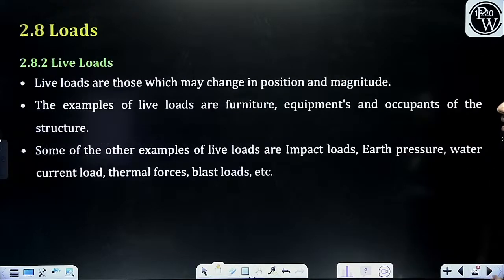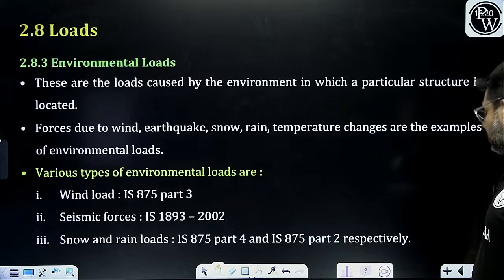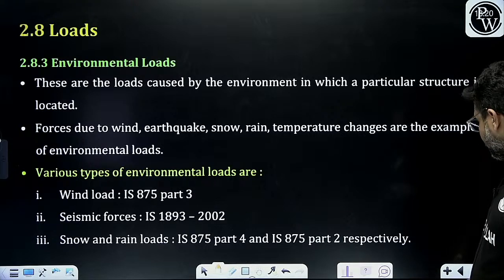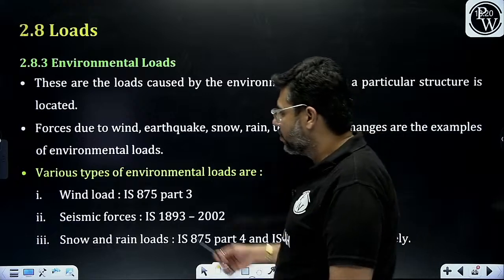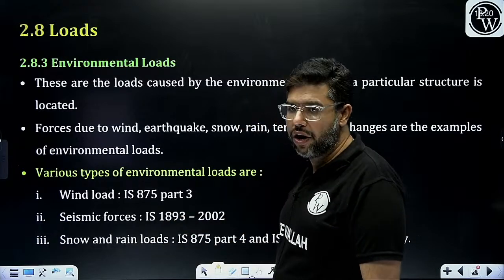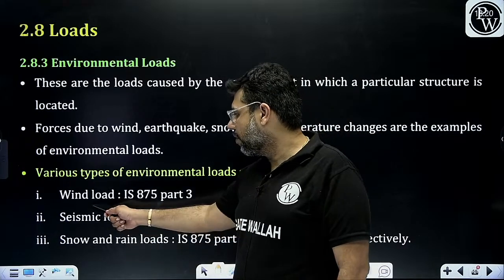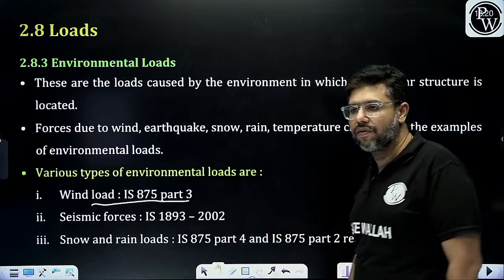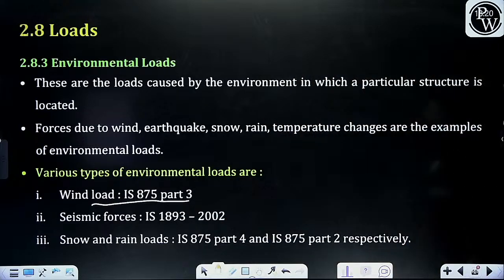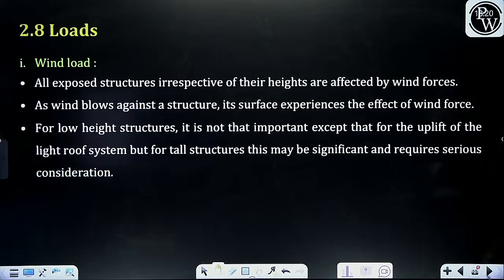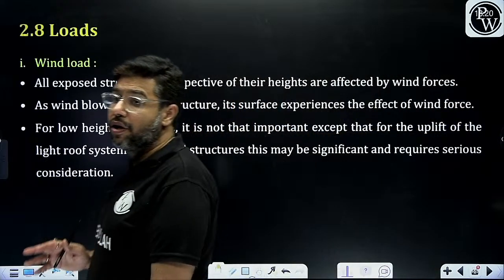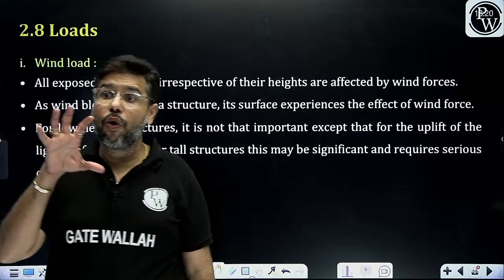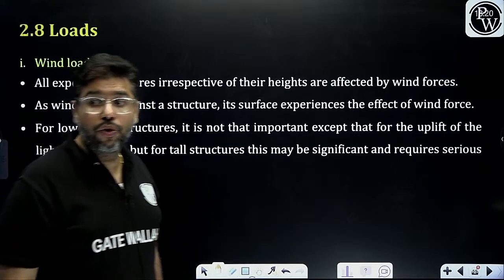I want to discuss here only one load. Earthquake load also you have discussed there. Just the wind load I have to discuss. Environmental loads can be wind load, seismic load, snow and rain load. I want to discuss the wind load here, which is given in IS 875 part 3. Just I want to give a brief on the wind load. Wind load is the wind force that is exerted on any structure due to the flow of the wind, due to the wind velocity.